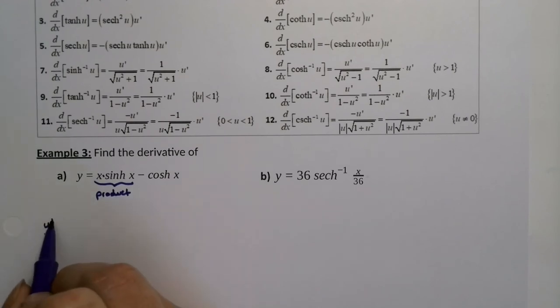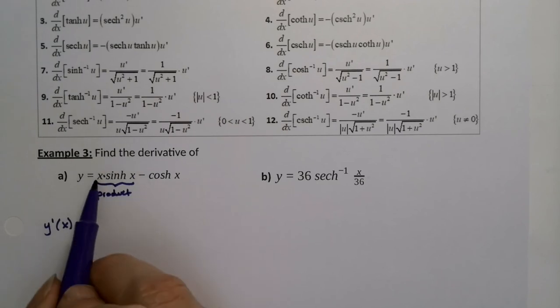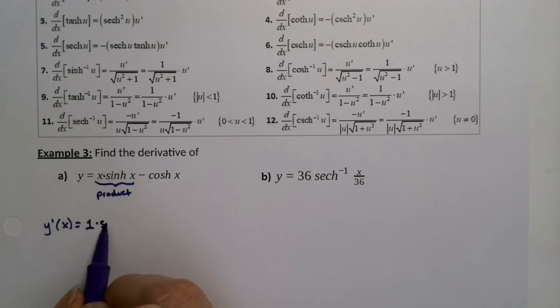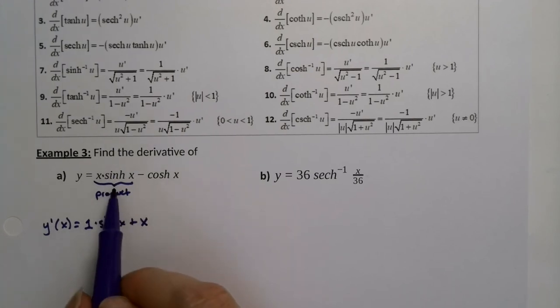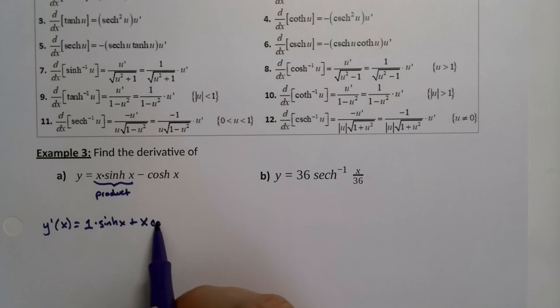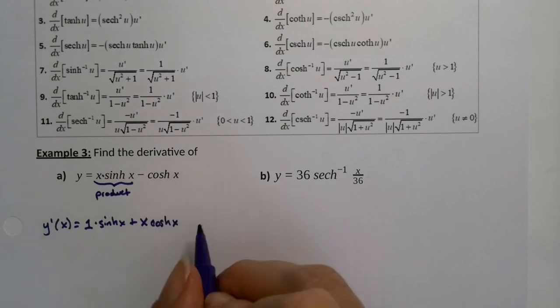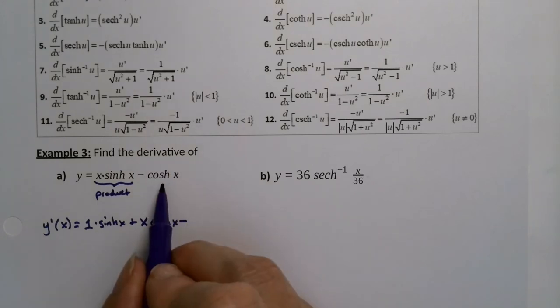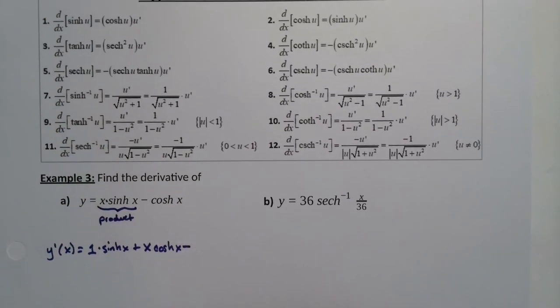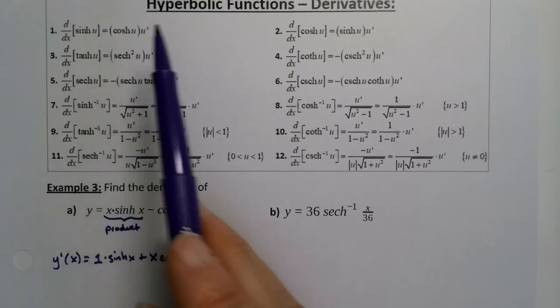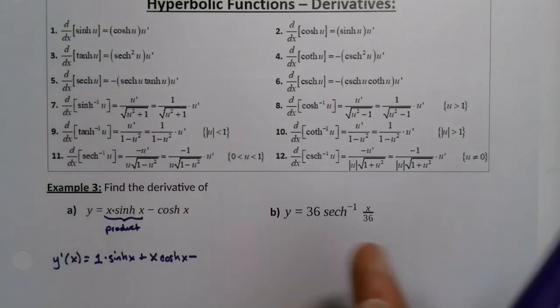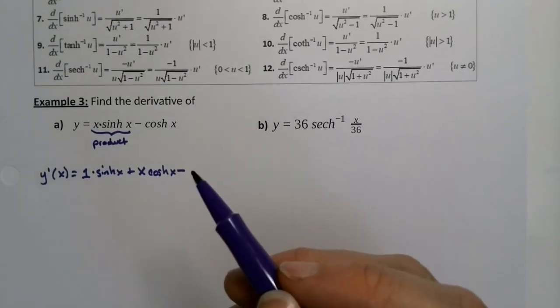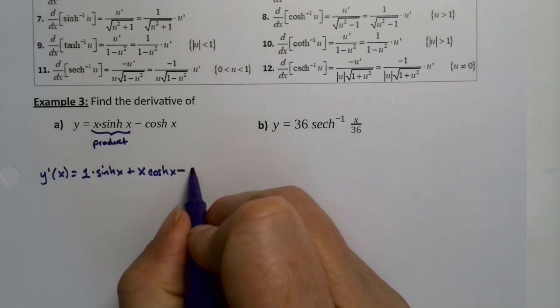Therefore, y prime of x would be equal to the derivative of x, which is 1, and then leave the sinh alone, plus leave the x alone, and the derivative of sinh is cosh, minus the derivative of cosh, which is sinh. The derivative of sinh is cosh, the derivative of cosh is sinh. There's no negatives on these ones for sinh and cosh, unlike regular trigonometric functions. So this will be minus sinh.